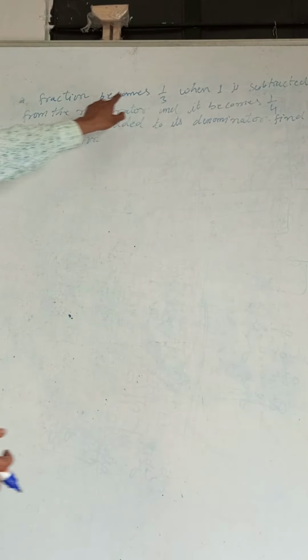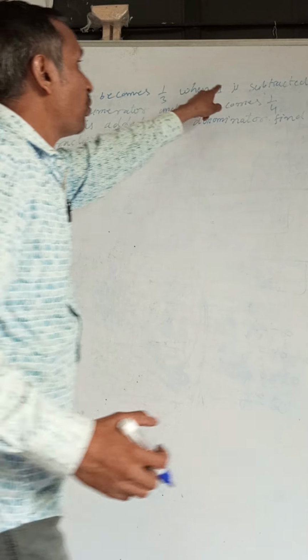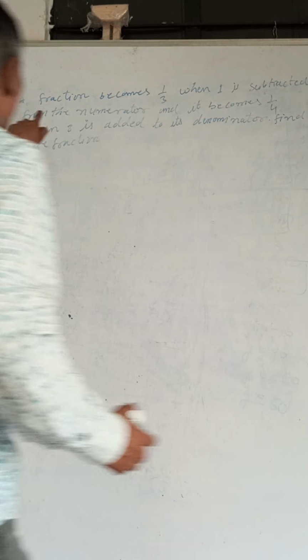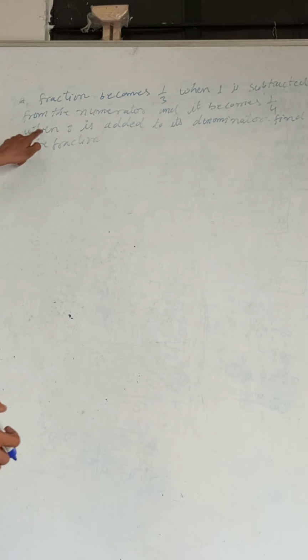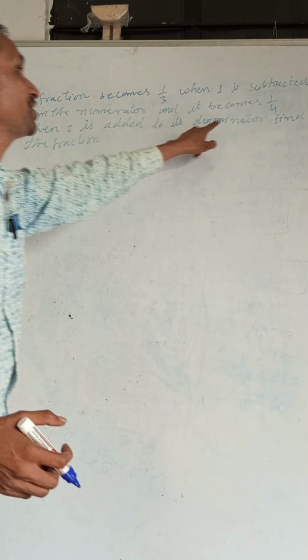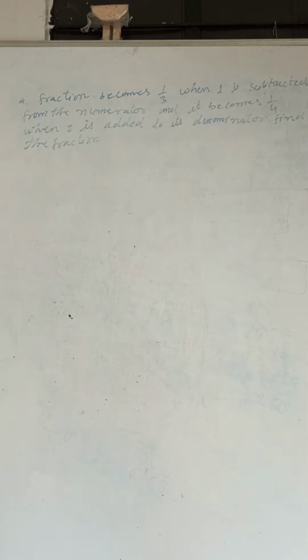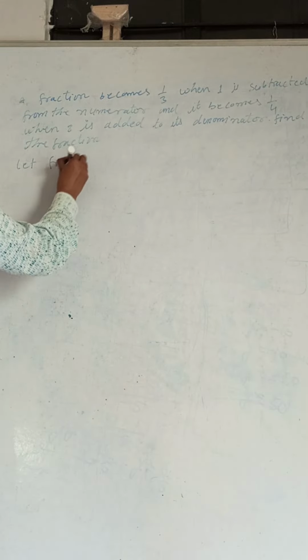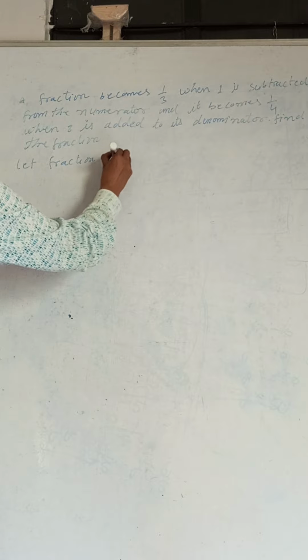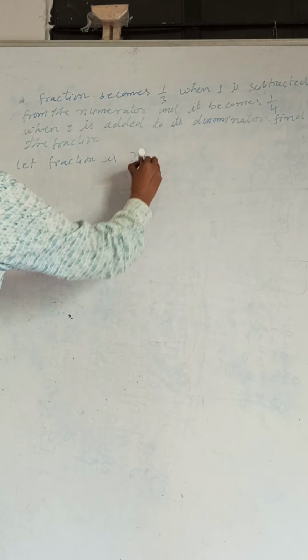A fraction becomes 1 by 3 when 1 is subtracted from the numerator and becomes 1 by 4 when 8 is added to its denominator. Find the fraction. Let the fraction be x by y.